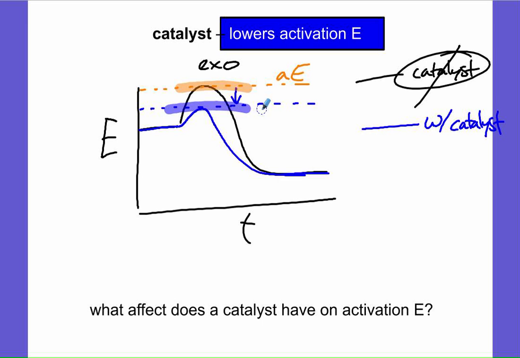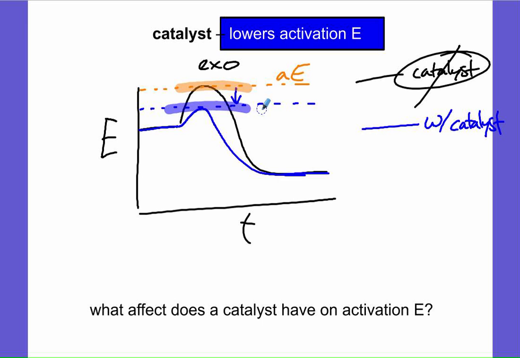So it's really, really useful for your cells. It's really useful in general because sometimes you don't have that much energy available to start your reaction. All right, and there is that whiteboard question down at the bottom there. It asks, what effect does a catalyst have on activation energy? That is not supposed to be difficult at all.